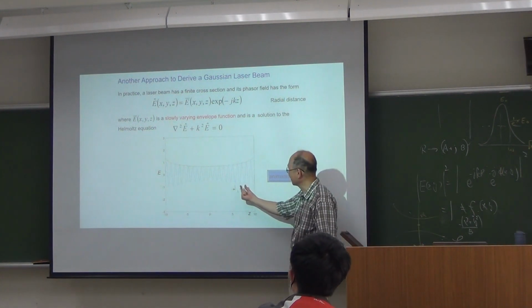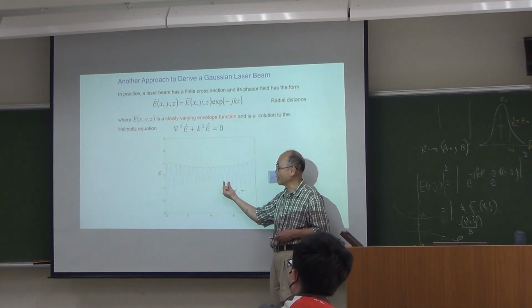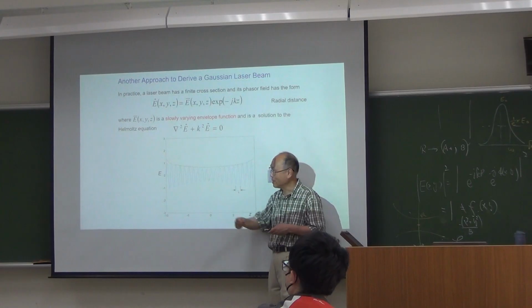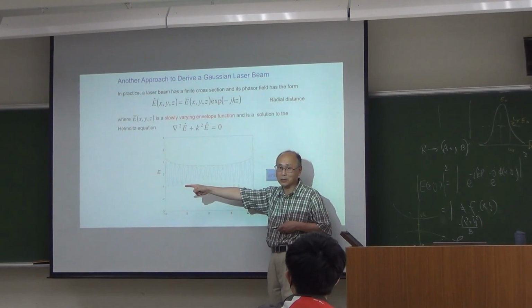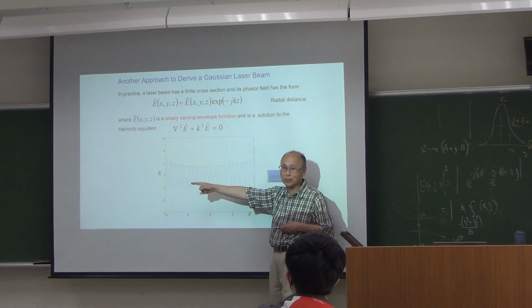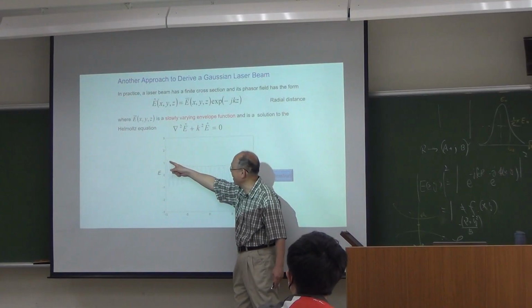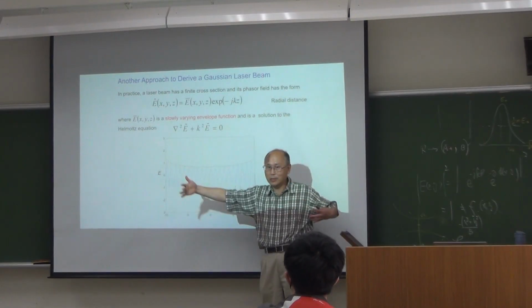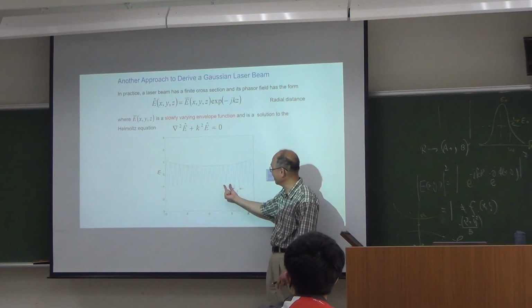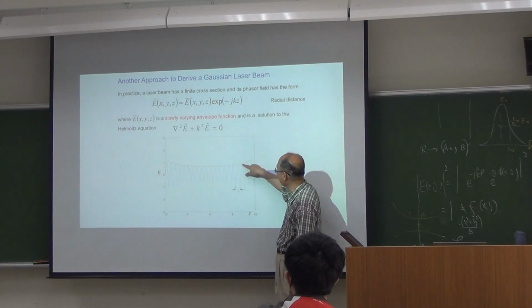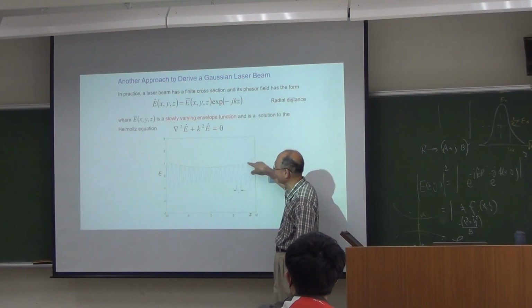Well, this oscillation, for this red laser light, is about 600 nanometers. But this distance is a few meters. The difference is 6 orders of magnitude, a million times difference. So this envelope has a length of meters, and this is like 600 nanometers. So apparently this envelope grows very, very slowly.